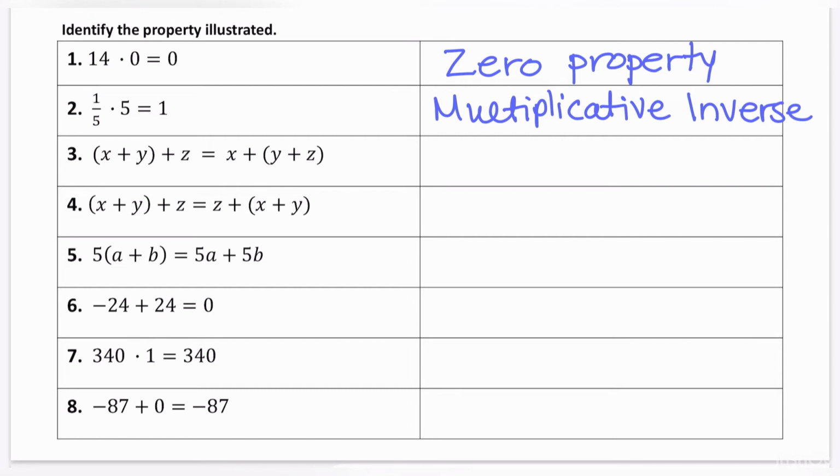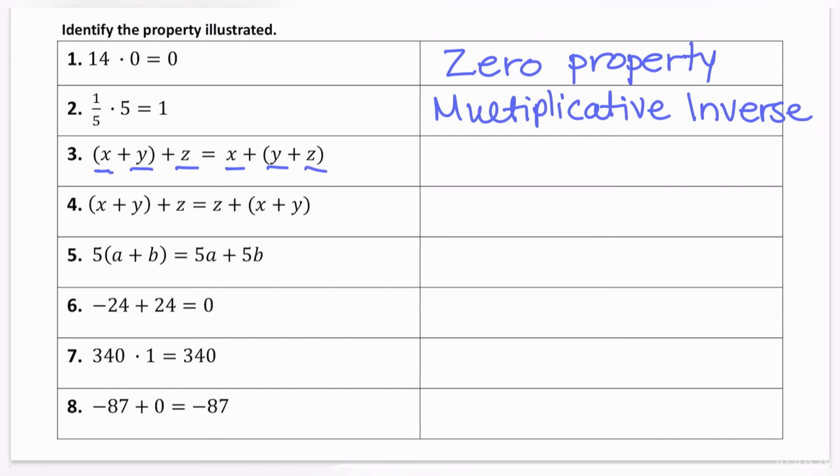Take a look at number 3. We have parentheses x plus y plus z equals x plus parentheses y plus z. Now, just because you see parentheses, don't automatically assume it's going to be associative. You remember that associative, you're going to be regrouping. Is the order the same? So x, y, z, x, y, z.